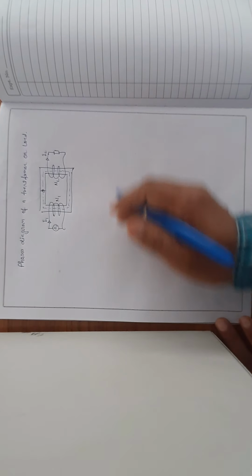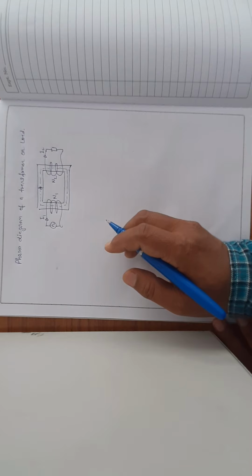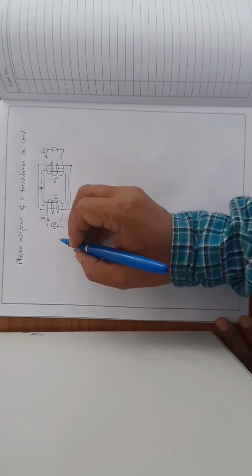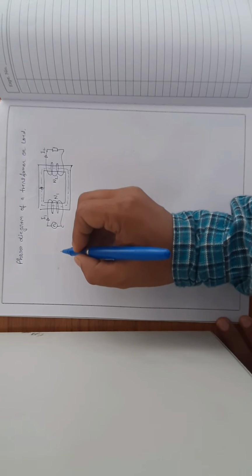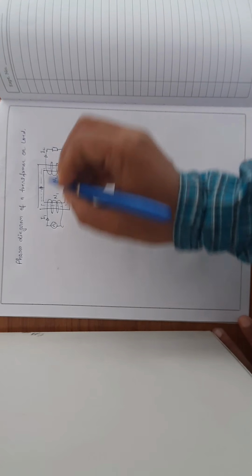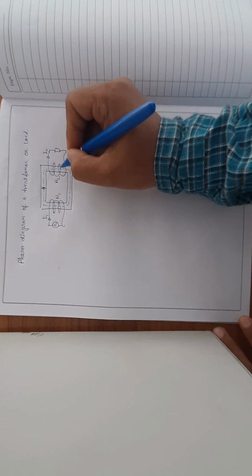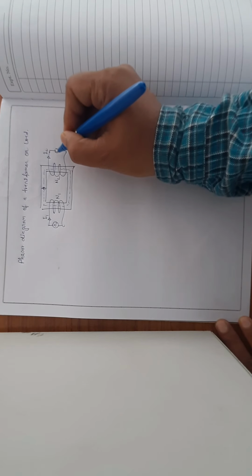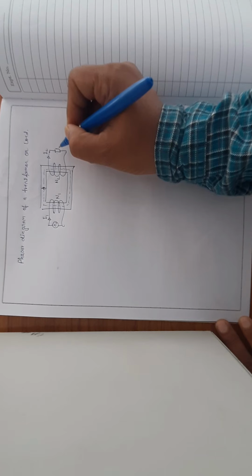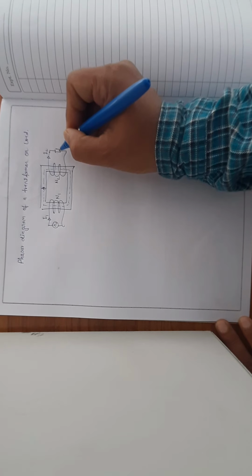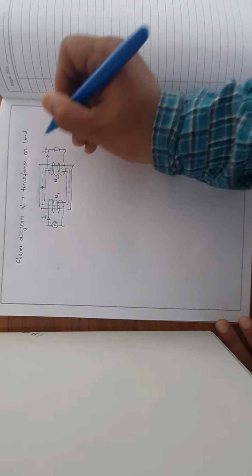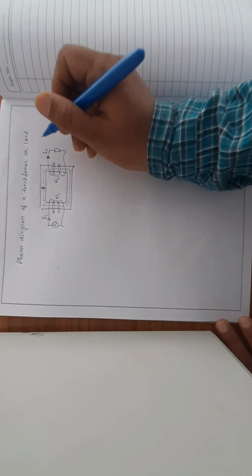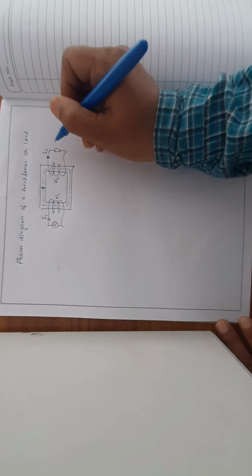Its working principle was already discussed. When the secondary circuit of a transformer is completed through an impedance or load, the transformer is said to be loaded, and current flows through the secondary side of the load.